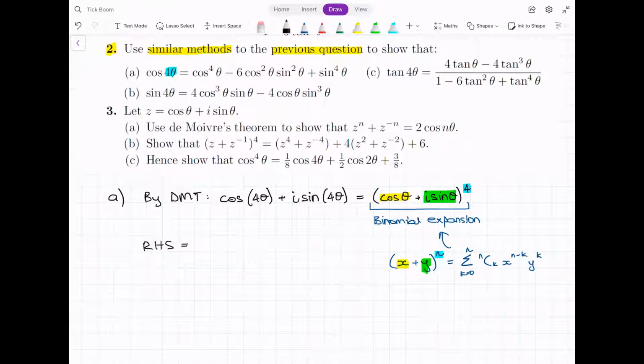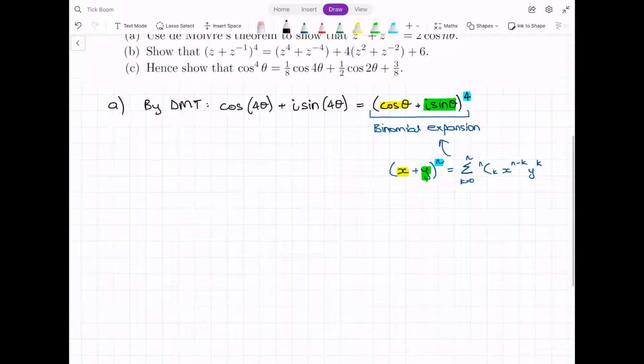So let's go do that now. I might just erase this and start a bit lower so I've got enough space.